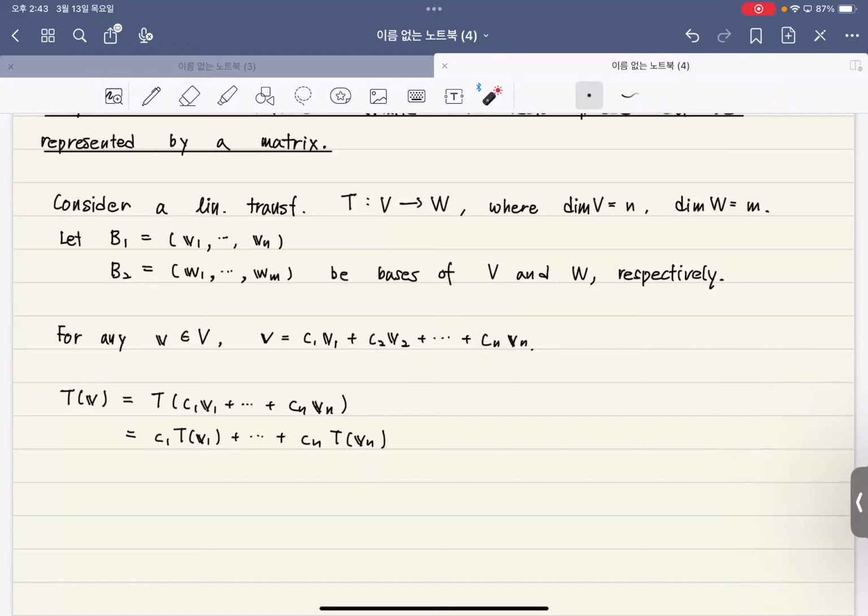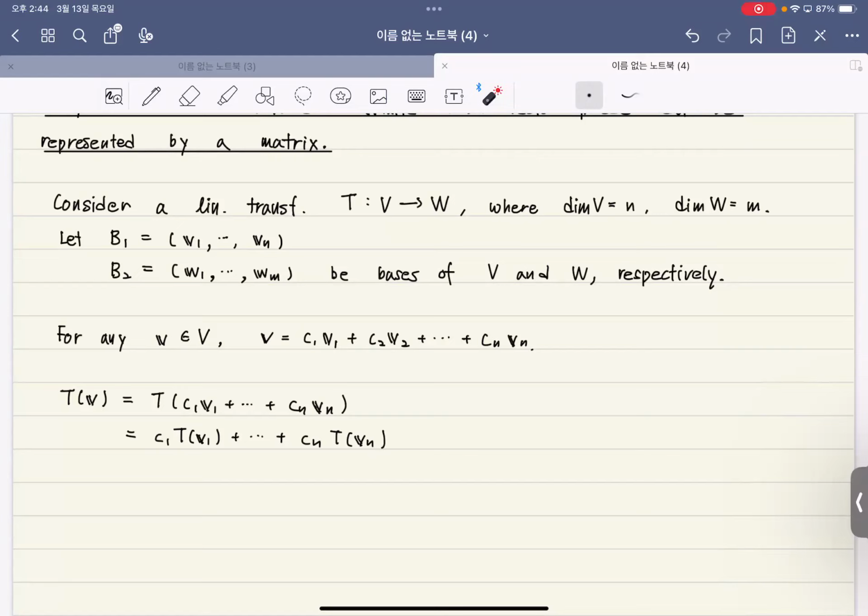Okay. This last equation actually tells us why linear transformation is so easy and important. Suppose that you have any random function between two vector spaces. Then, generally speaking, computation of a function at a certain point is not easy. It usually requires a bunch of hard and tedious effort. But on the contrary, if you want to compute a linear transformation, then everything is so easy.